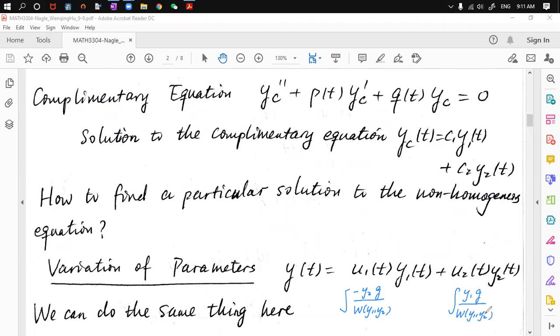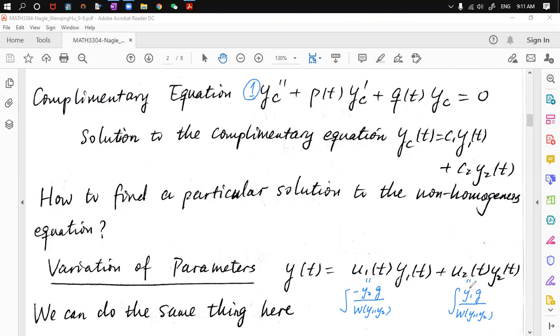That's the formula we talked about. In particular, the equation must be in standard form, so the coefficient here must be 1, and W is the Wronskian between the two fundamental solutions. The only thing you have to memorize is this minus y2 and plus y1.